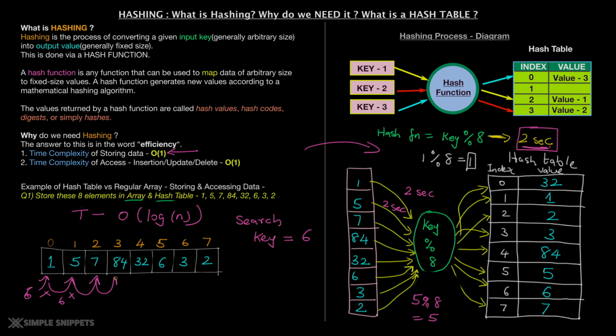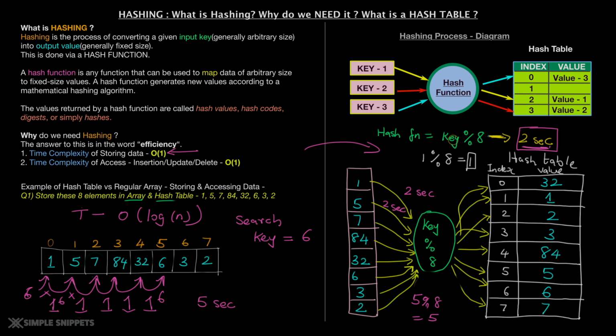And you'll keep going linearly till you find the value which is matching the key you are searching for. This is nothing but a linear search. So imagine how many seconds did you waste to access individual memory locations. You check the first one, you didn't get it. Then you hop to the next one. So 1 second wasted over here, 1 second wasted over here, 1 second wasted over here, 1 second wasted over here, and 1 second wasted over here. So total 5 seconds were required to access 6.